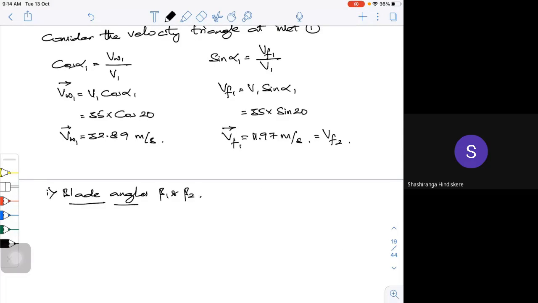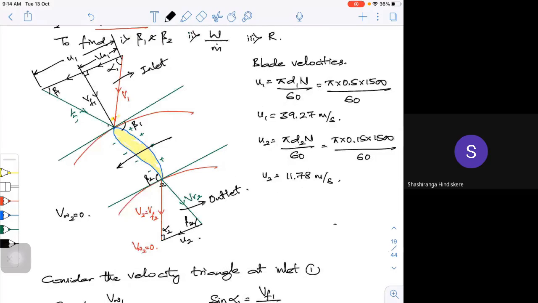Okay. Now let us come back to the same velocity triangle. First inlet velocity triangle. So what is tan beta 1? Tan beta 1 is Vf1 divided by u1 minus vw1. So this distance, let me call that as x. What is x actually? X is equal to u1 minus vw1.